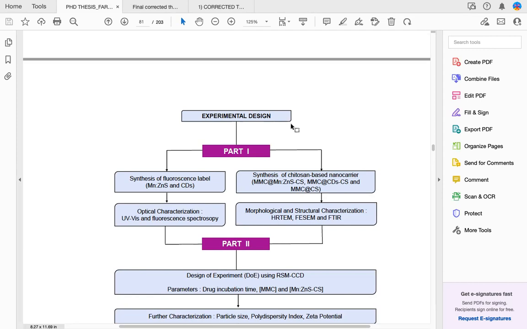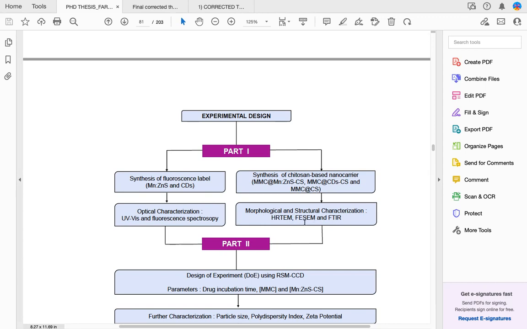So you can see here from the thesis, chapter 3, part 1 involves synthesis and spectroscopic characterization. I believe that some of you have taken atomic or molecular spectroscopy. I'm not sure. Okay, and there is morphological and structural. So structural is FTIR, morphological HRTEM and FESEM.